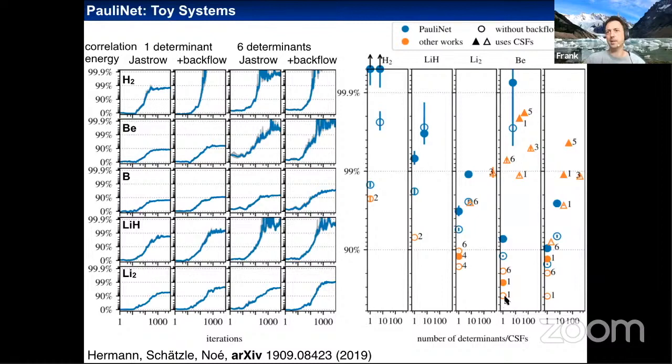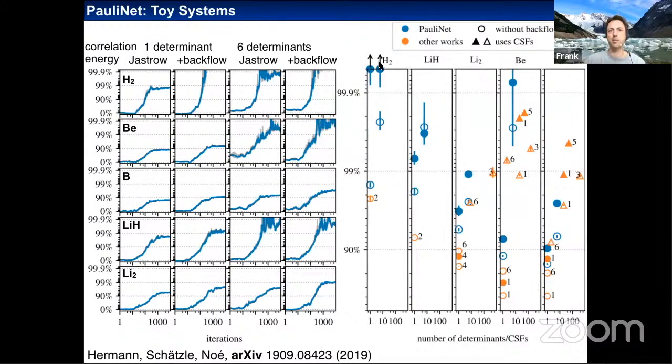As a rule of thumb, these correspond to about 10 times as many determinants if you count determinants. So you can imagine essentially switching these open bullets one order of magnitude to the right here, then we are in about the right regime of complexity, or how many determinants we use.